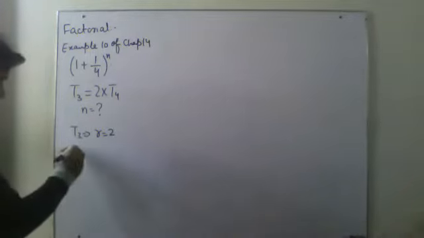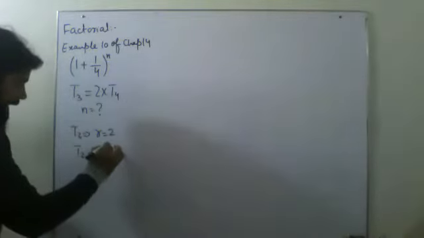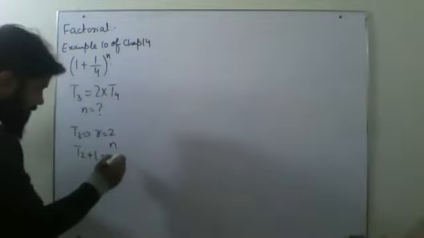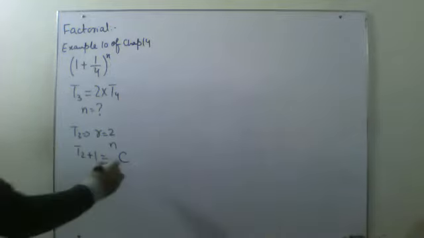So how will I write it? T(2+1) equals nC, n I don't know. And r I know over here.